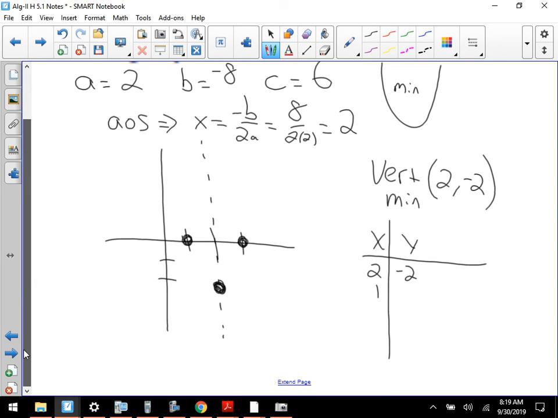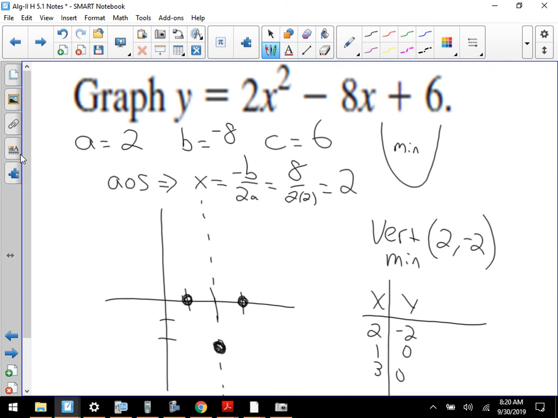So our ordered pairs are at 1, 0 and 3, 0. And then the other one that's going to be silly easy to find is going to be, which one? It's 0. At 0, what's the y value? 6. Remember, your y-intercept will always be the c value.